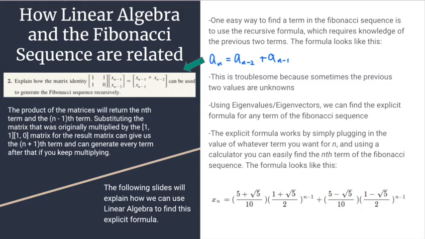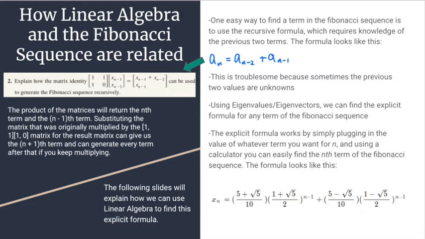To review what an explicit formula is, it's basically a formula that allows us to simply plug in the value of whatever term you want for n, and then we can easily find the nth term of any sequence or any formula, but in this case it would be the Fibonacci sequence.